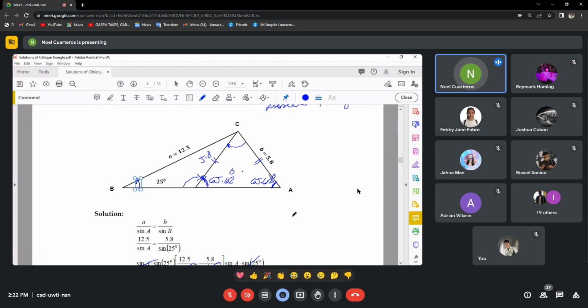So ang 180 minusan nato og 65.62 degree, pila ni siya? 180 minus 65.62 degree, pila ni siya class?